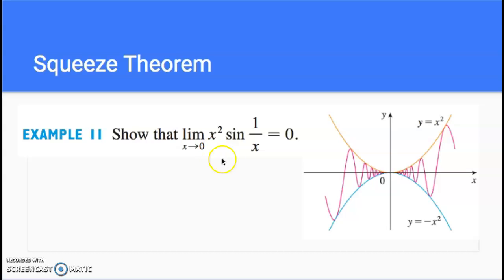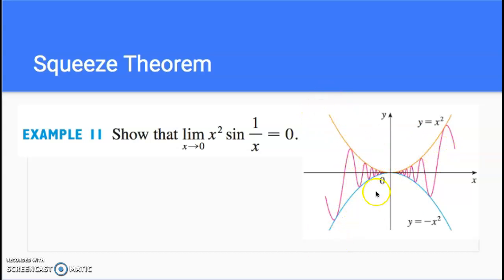So what about the limit as x approaches 0 of x squared times sine of 1 over x? Well, that is a really complicated function that we don't know how to graph by hand. What we're saying is we know the answer is 0, so show why it's 0. This graph right here has squeezed this odd function between the curves x squared and negative x squared. So the pink curve fits between two functions that we do know.